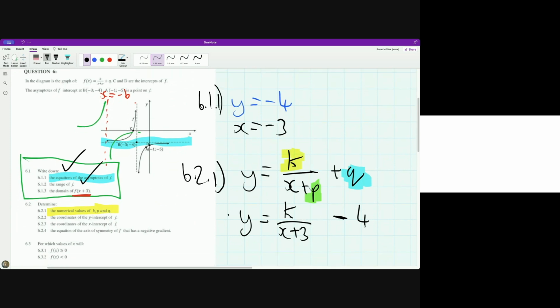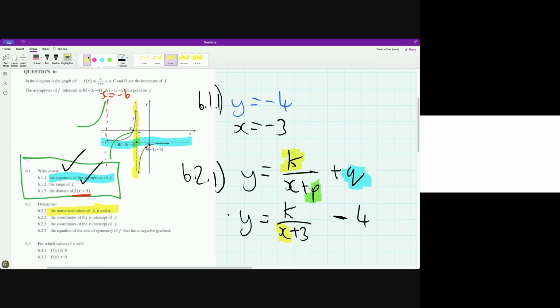The way I tell students is to think, what value would make division by 0 occur? What x value do you need to put here? The only x value that would make it undefined would be -3. And this makes sense because in the original function, this thing is going through -3. Okay, now that was a bit quick, but you can go over it in your own time.